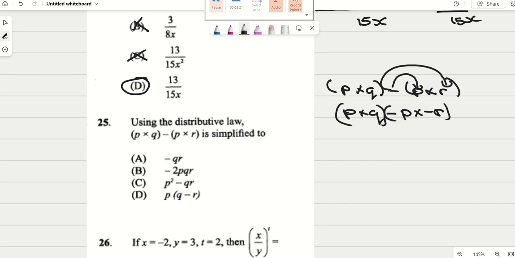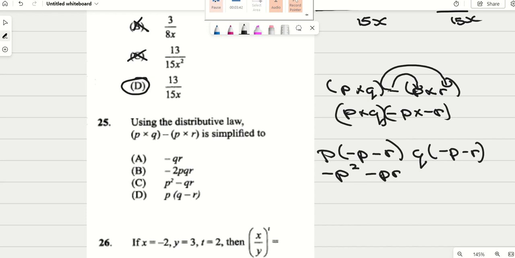P multiplied by minus P minus R, and Q multiplied by minus P minus R. So this is minus P squared minus PR minus PQ minus QR.